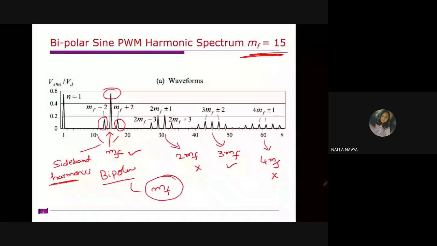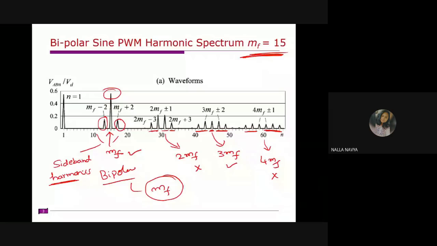There is no harmonic at 2MF, but the sideband harmonics are centered there. Similarly at 3MF you have these two sideband harmonics. So this is the harmonic spectrum corresponding to MF equal to 15.